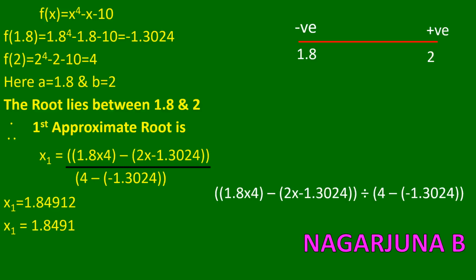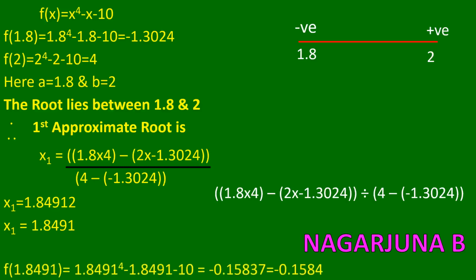So we need to find f of 1.8491. f of 1.8491 is equal to 1.8491 to the power of 4 minus 1.8491 minus 10, which is equal to minus 0.15837. Again considering only 4 digits after the decimal point, the truncating digit is 7, which is greater than 5, therefore add 1 to the previous digit, that is 3, so it becomes 4, so it will be minus 0.1584.